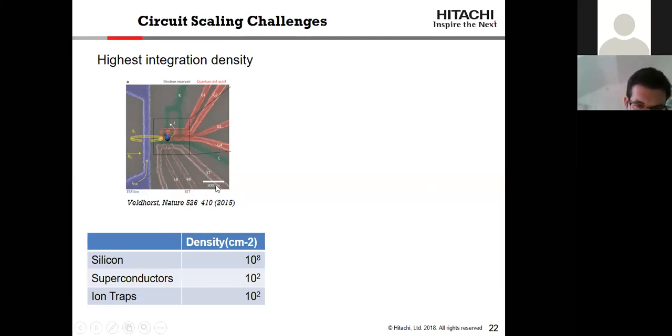You can see here the length scales of a quantum dot that are of the order of less than 100 nanometers by 100 nanometers. So in principle, silicon could provide a density of 10 to the 8 qubits per centimeter square compared to superconductors and on-chip ion traps that have a much lower density.